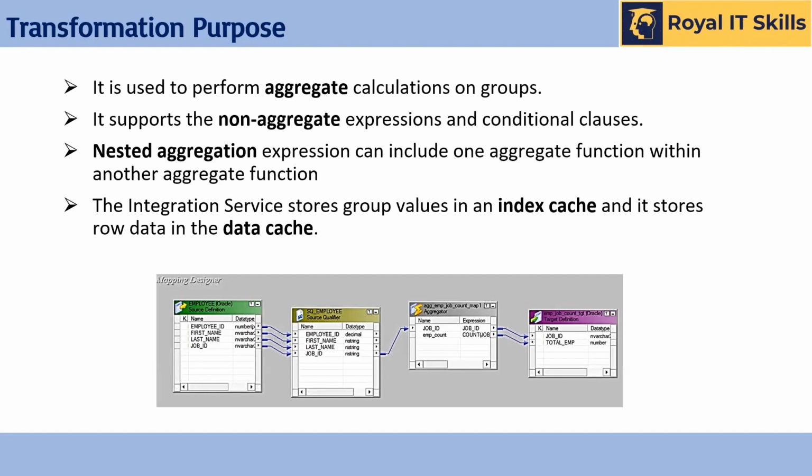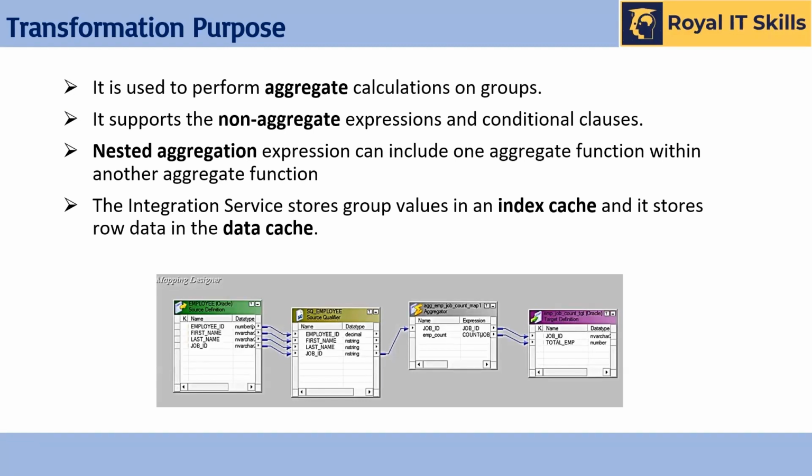So there are two types of cache here: index cache and data cache. In the index cache, all the group values will be stored. Those are used for the calculation purposes. Whereas in the data cache, entire raw data will be stored. So that's why we should eliminate the unwanted data, unwanted columns.